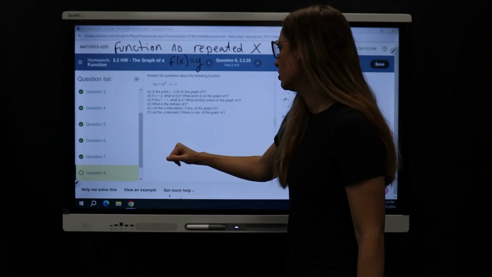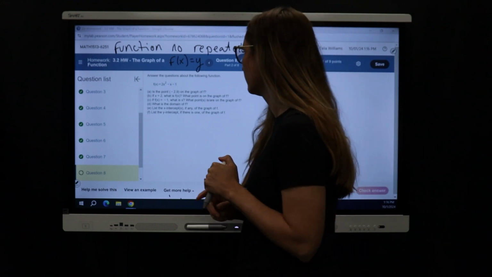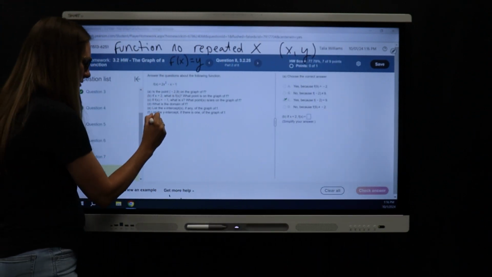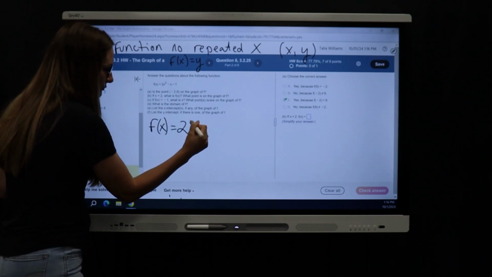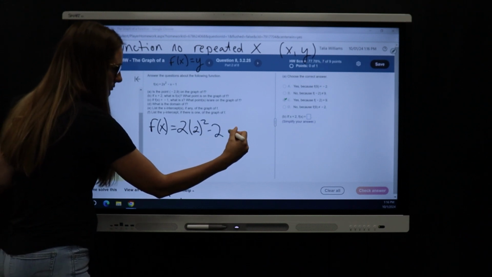If x equals 2, what is f of x? What point is on the graph of f? So x is 2. So we're finding out what f of x is. And x is 2. So we're going to do 2 squared, subtract 2 minus 1.